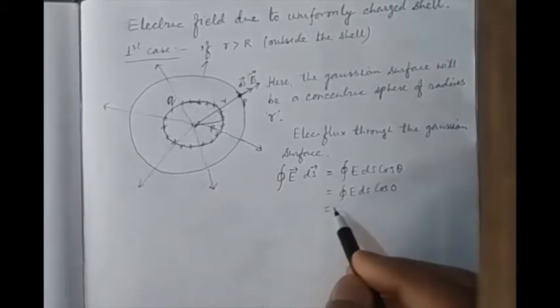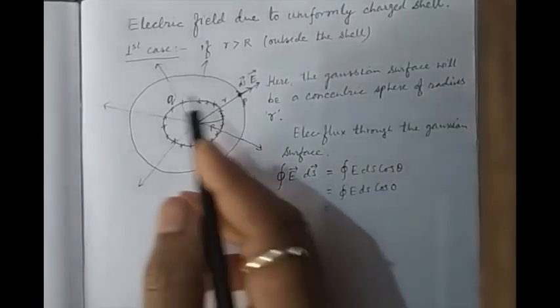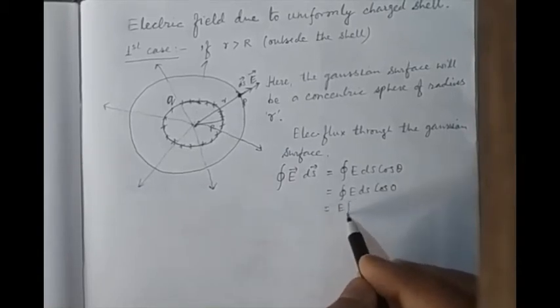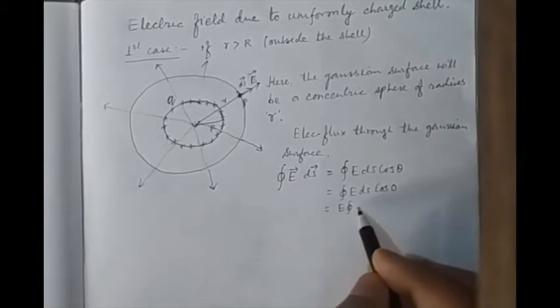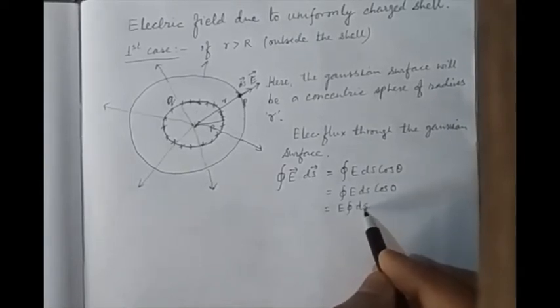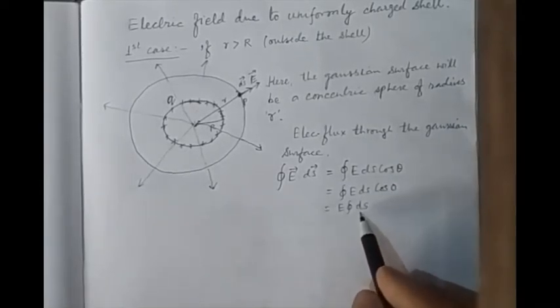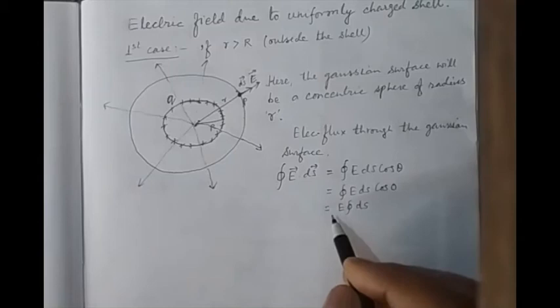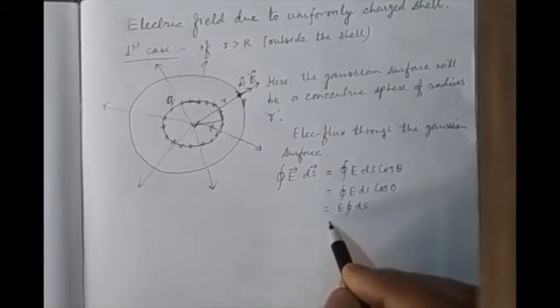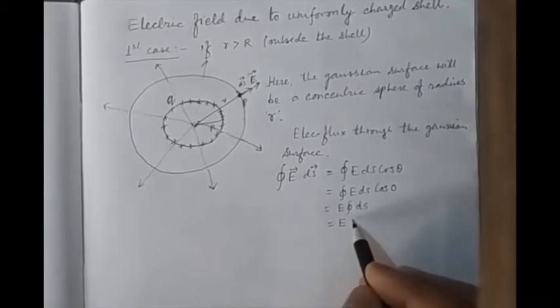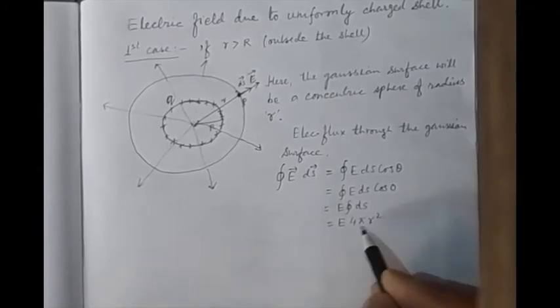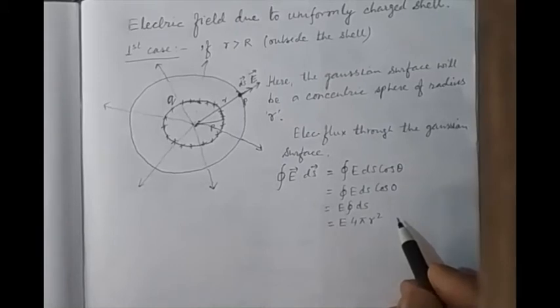Also, the electric field is constant, that is same at every point on the Gaussian surface. So E comes out of the integration, and it is equal to E integral ds. Integral ds is equal to the surface area of the Gaussian surface. The surface area of Gaussian surface, which is a sphere, is 4 pi r square. So total flux through the closed Gaussian surface is E into 4 pi r square.